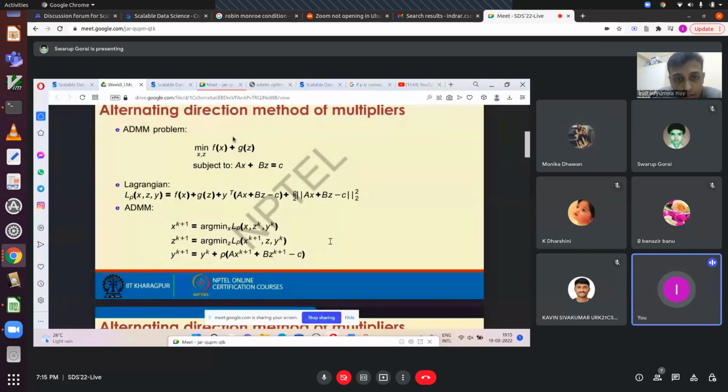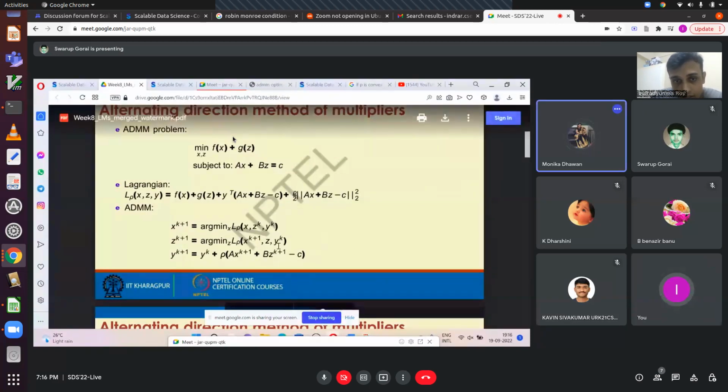So like you said, in the first line, we have the x, z and y values from before, xk, zk, yk. Now I want to update x, so x becomes the variable. I take gradient of the entire thing with respect to x. Here z and y are considered as constants equal to zk and yk.